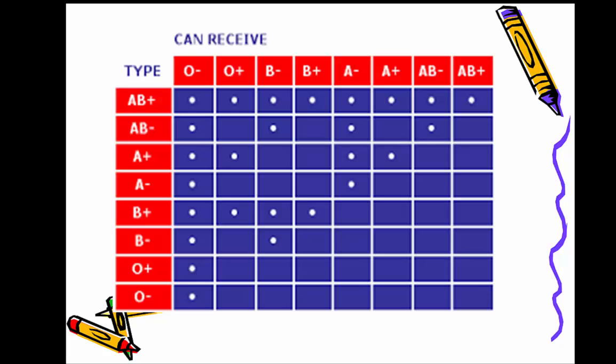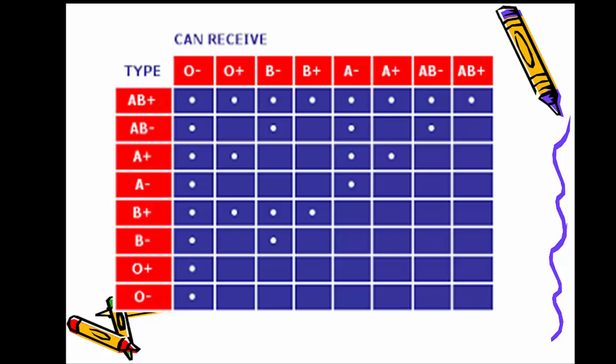So what we mean by universal donor is that someone who is O negative can give to just about everybody, which means no matter what blood type you are, you can receive O negative blood.